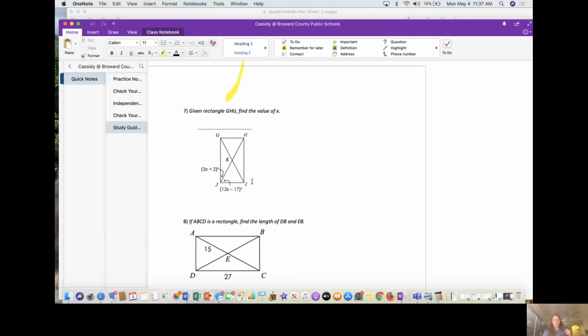So 3x plus 2 plus 12x minus 17 equals 90. We're going to combine like terms. 3x and 12x gives me 15x. Negative 17 plus 2 gives me negative 15.